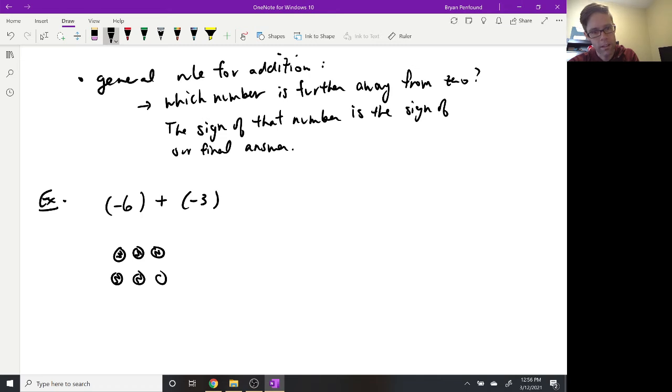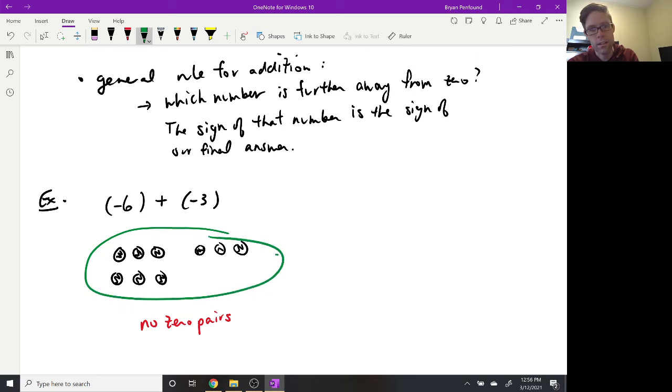We have -6, and we're going to model our -3. Boom, boom, boom. We notice that there are no 0 pairs. So this is our final answer. Final answer is -9. Okay, so I don't have to cancel anything out because there are no 0 pairs.